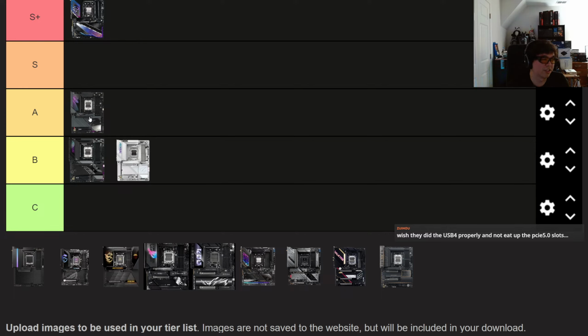Actually, I don't think it has dual LAN, but it has 5 gig LAN, whereas the other 2 only have 2.5 gig LAN. So it's kind of underwhelming, to be honest, compared to the previous Aorus Master. So that's kind of why it ended up where it did.